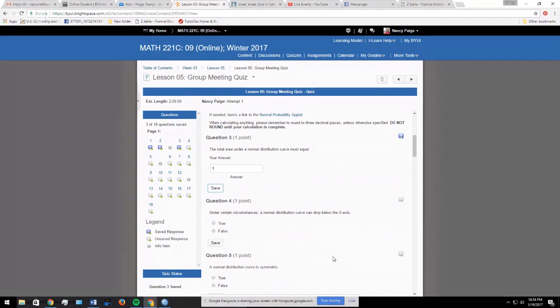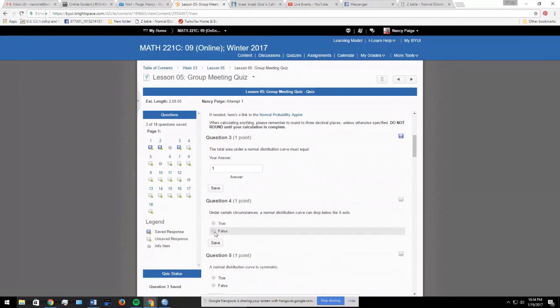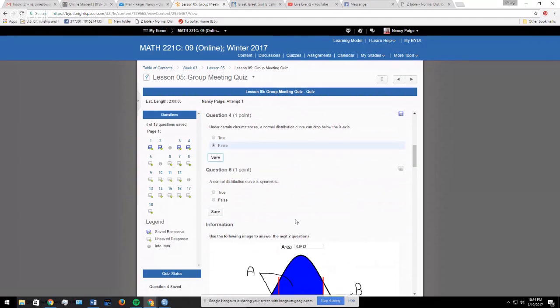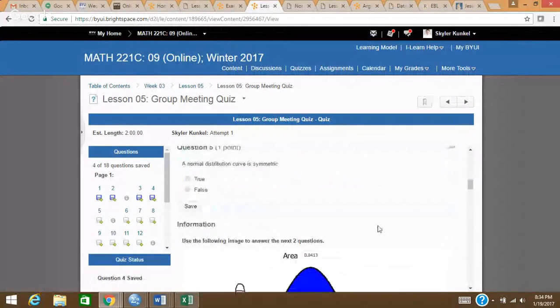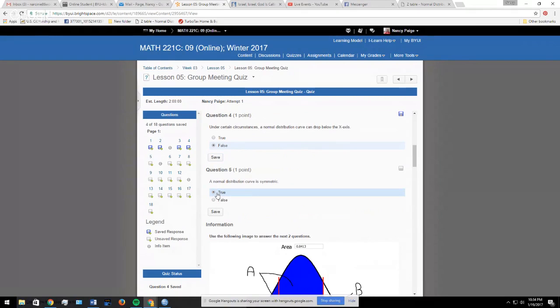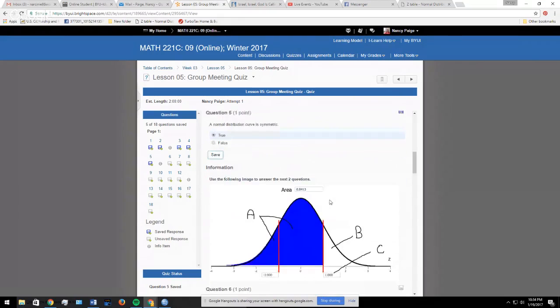Under certain circumstances, a normal distribution curve can drop below the x-axis. False, I don't think so. It has to stay above it. It won't do that. A normal distribution curve is symmetric. True. Those are easy.